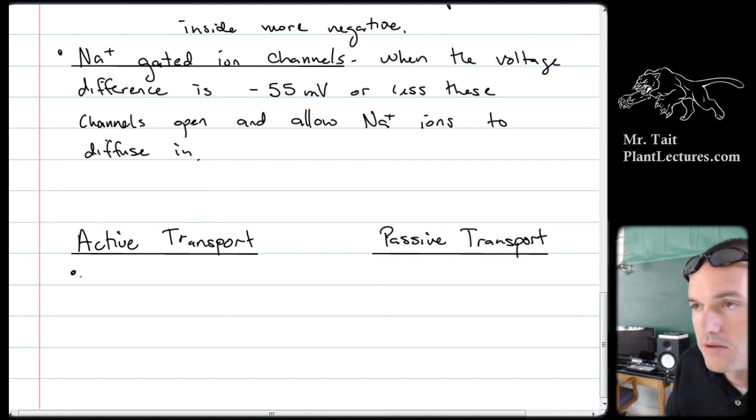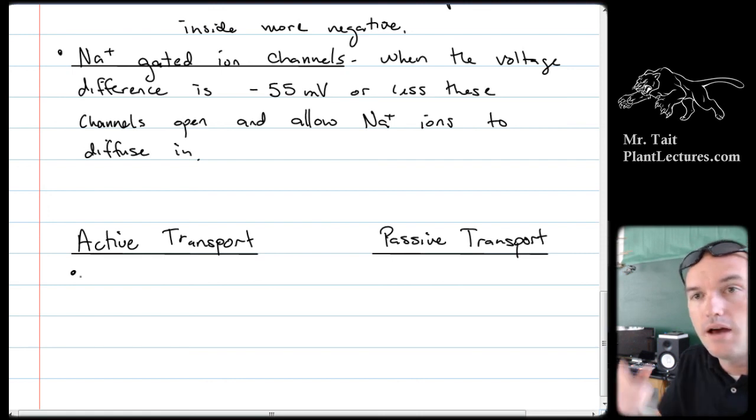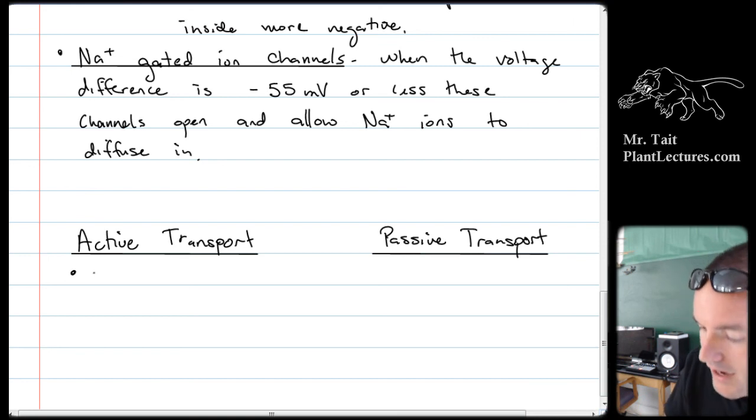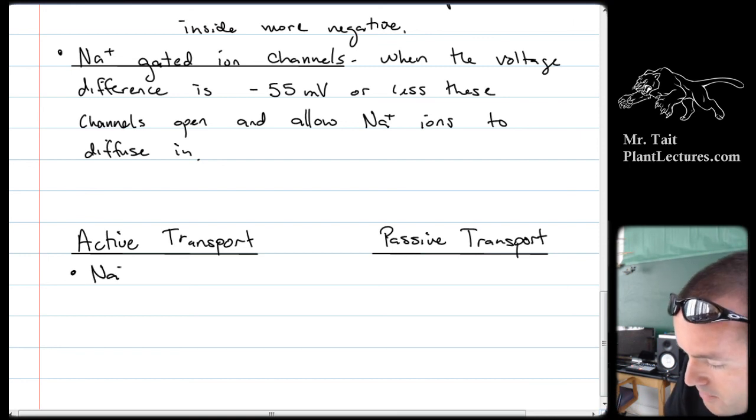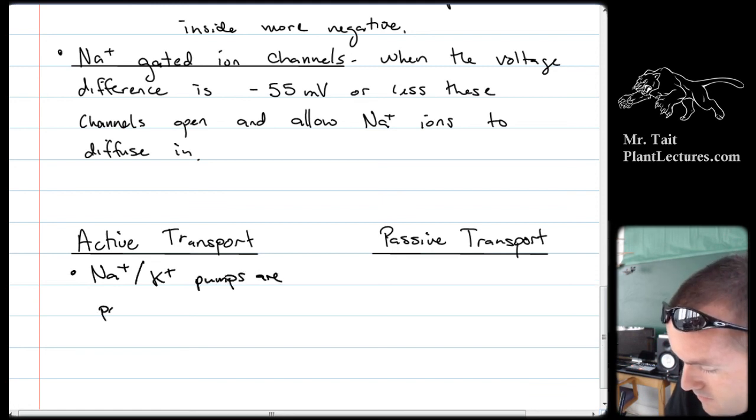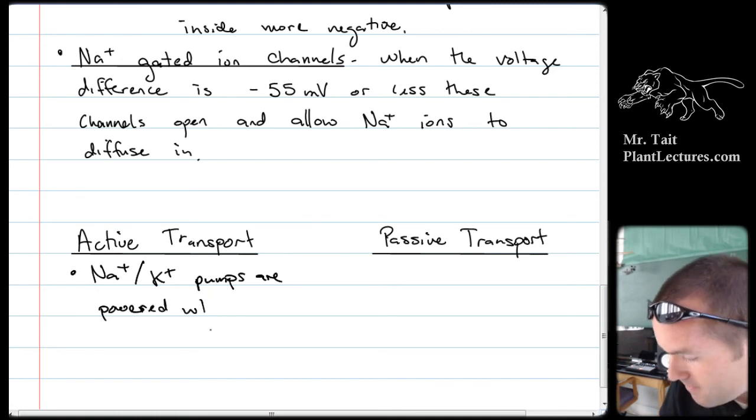What's the first one? What has to happen via active transport? It does require energy. Yeah, it's going to use energy in the form of ATP. But what thing are we powering with ATP here? Yeah, sodium potassium pumps. So Na plus K plus pumps are powered with ATP.